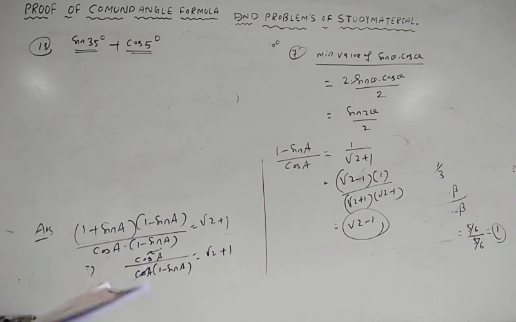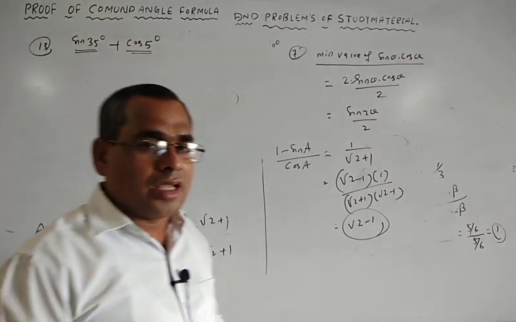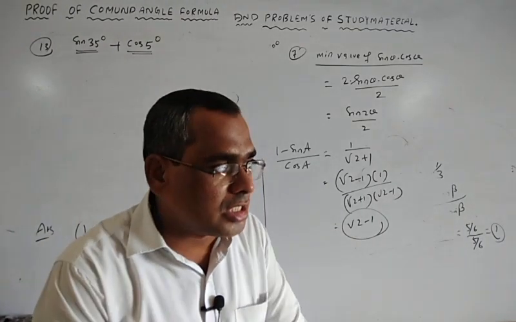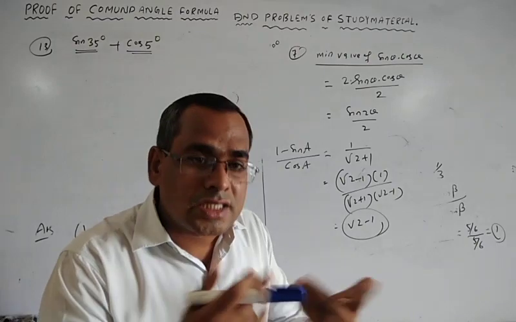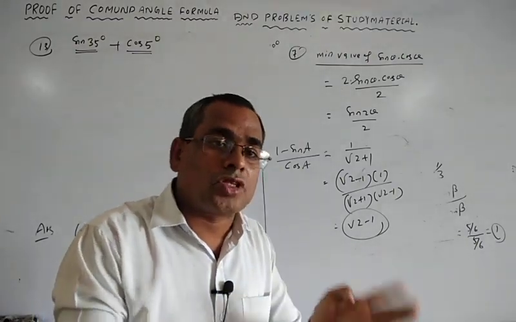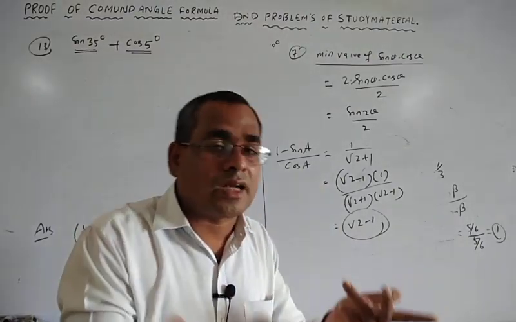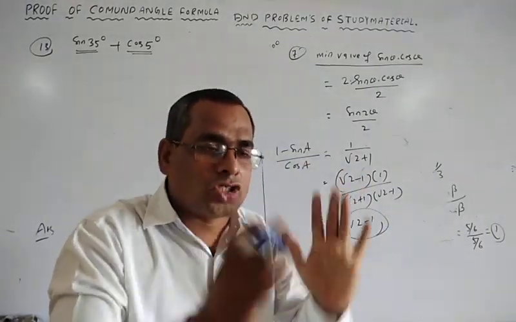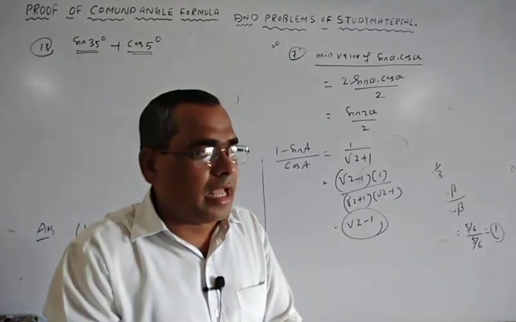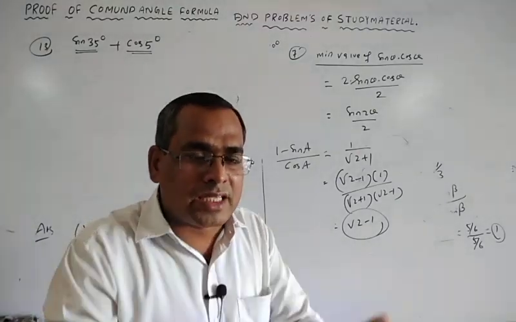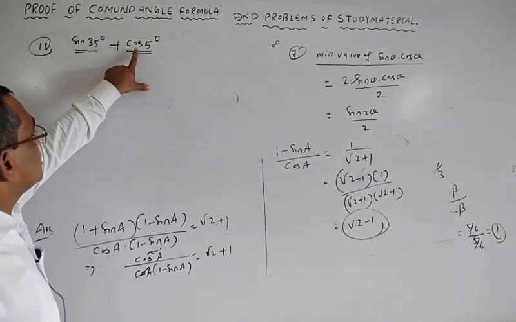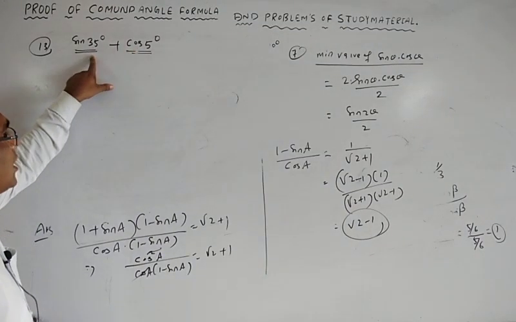There is no formula for sin C plus cos D. The formulas are sin C plus sin D, cos C plus cos D, cos C minus cos D, sin C minus sin D. Both parts are sin or both parts are cos. So first we have to make both sin or both cos, so we can write cos as sin or sin as cos.